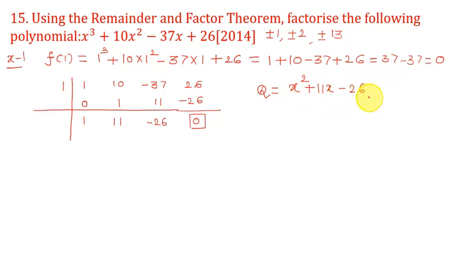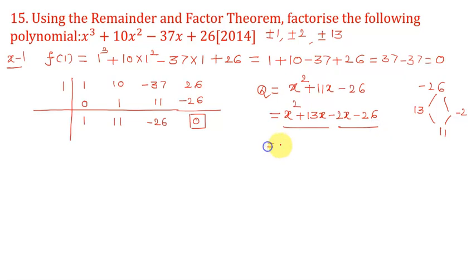Again the product of the first and last term is minus 26, and the middle term is 11. Now what are the two numbers? That is plus 13 and minus 2, and hence here x square plus 13x minus 2x minus 26.